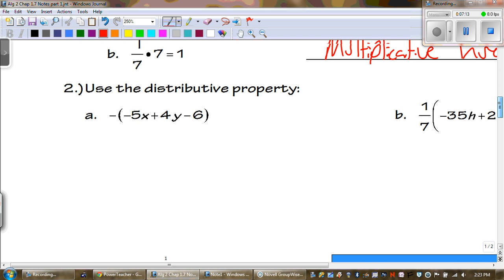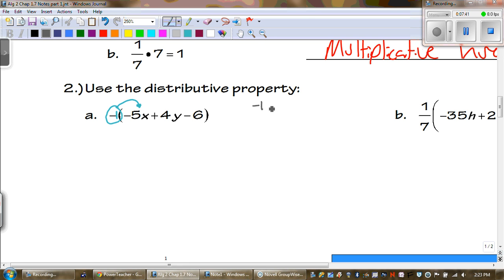Let's go ahead and do some of these and do them step by step. It says to use the distributive property. Now, for A, you might be like, Mr. Grice, there's nothing out there to distribute. Well, technically there is, because out in front of this negative sign is actually a negative 1. Okay? And I need to distribute everything that's outside, or what's directly outside, to everything that's inside.